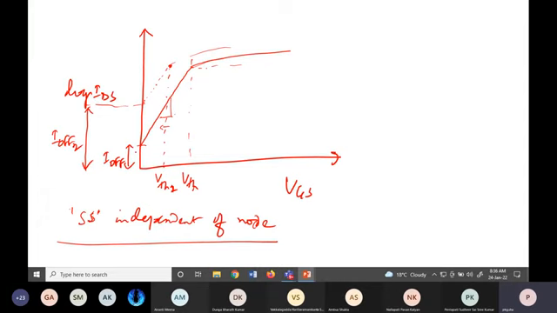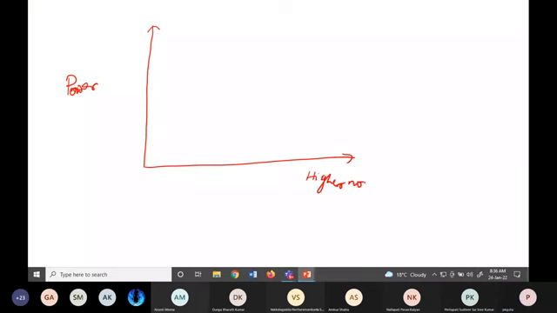What is the consequence? So far in case of CMOS we only concentrate on power dissipation during the transition. Say this is my higher nodes, and this is my lower nodes.